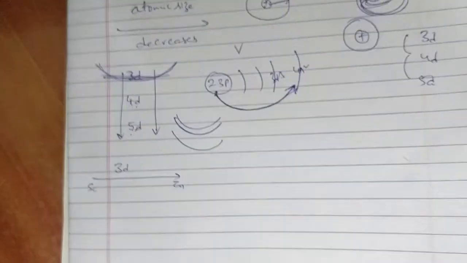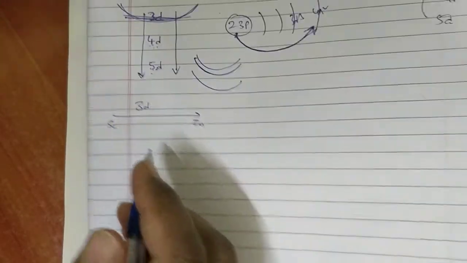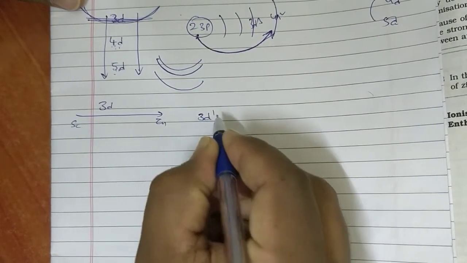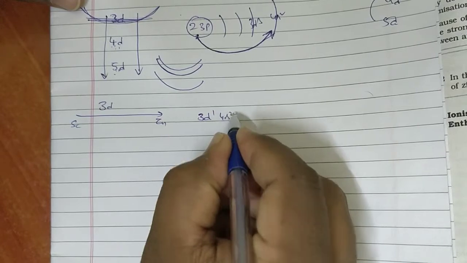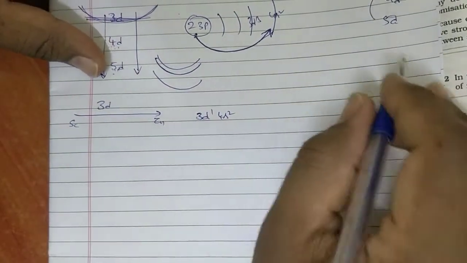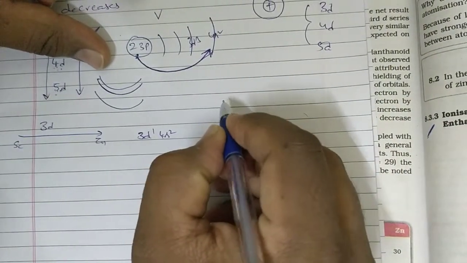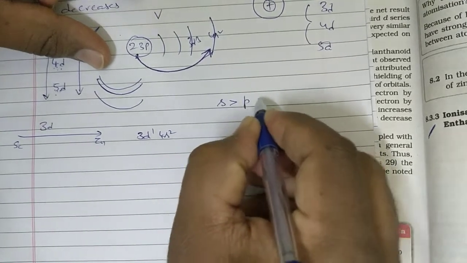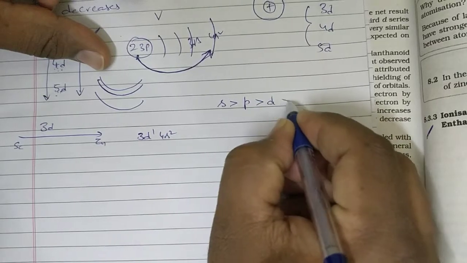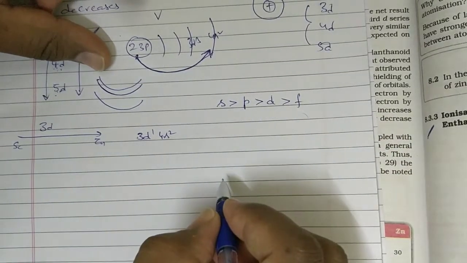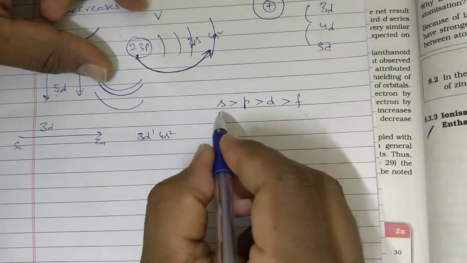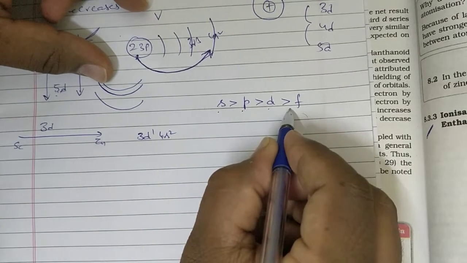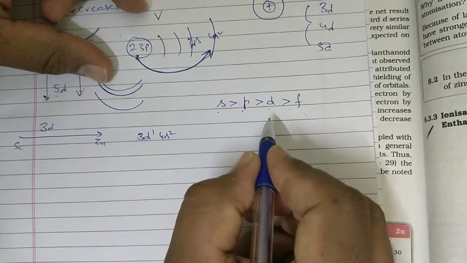Okay, let us see first. In scandium, 3d1 4s2. Coming to the shielding effect order, S is greater than P, P is greater than D, D is greater than F. This is the shielding effect order.